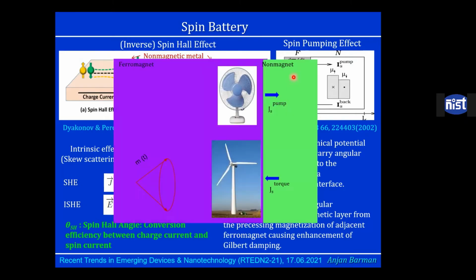You can consider spin pumping like this: if you have a fan rotating, it will give rise to some air drift in the other room. The spin current is analogous to it, whereas here, if some torque comes, some air drift comes here, it will start to rotate this turbine. So you can draw an analogy with this kind of thing.